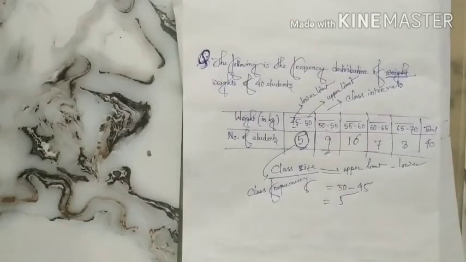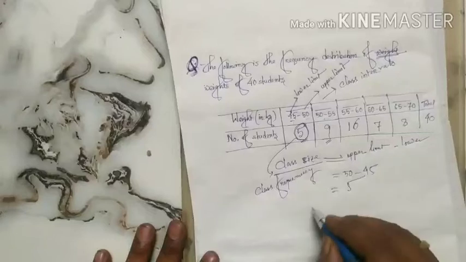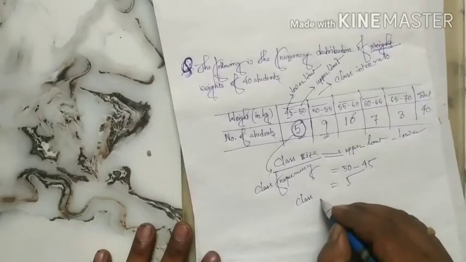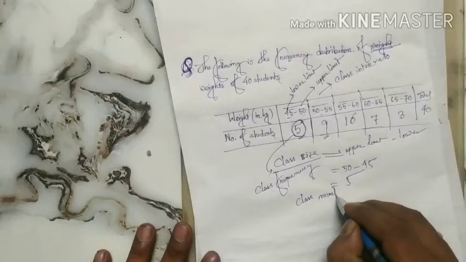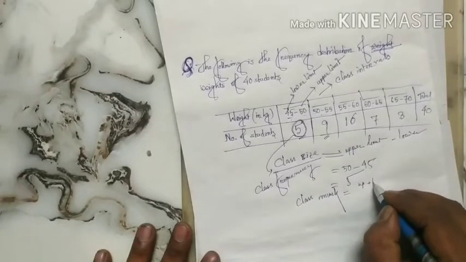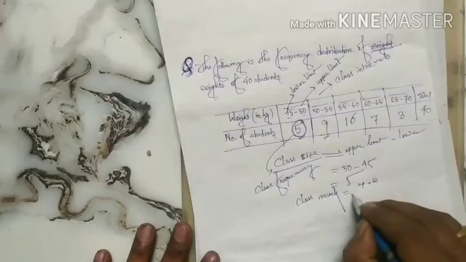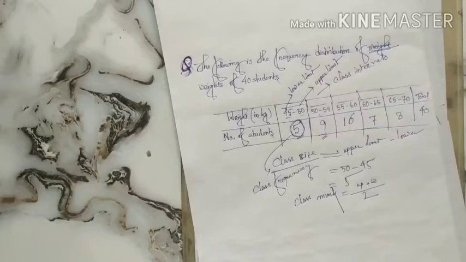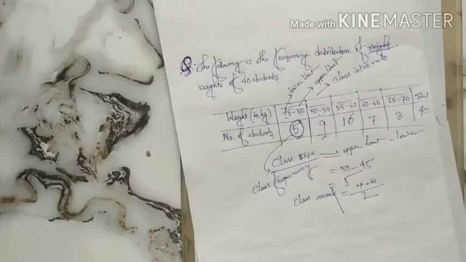Okay, very easy. Then class mark is upper limit plus lower limit divided by 2. We can find the class mark of any class interval.